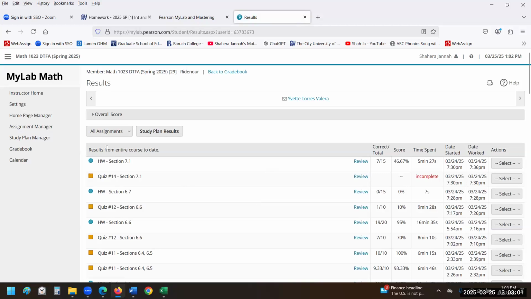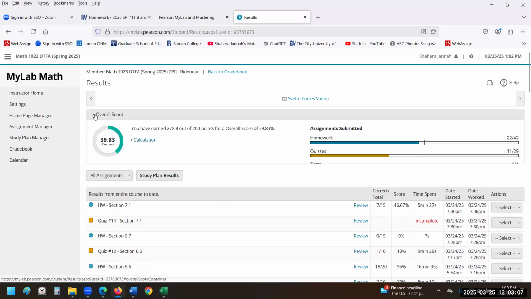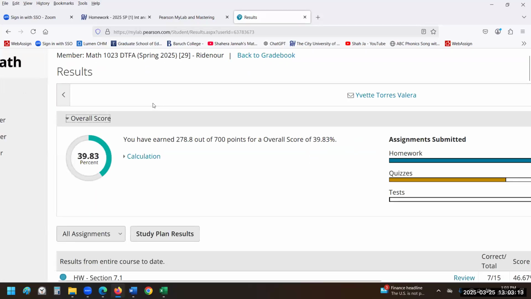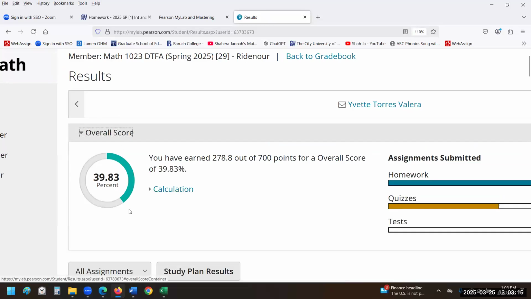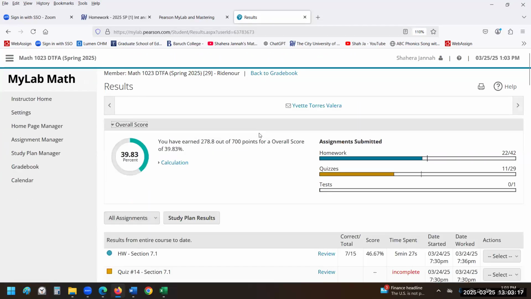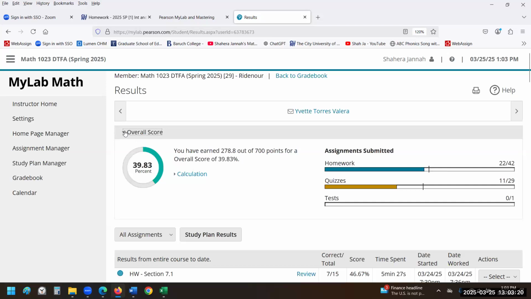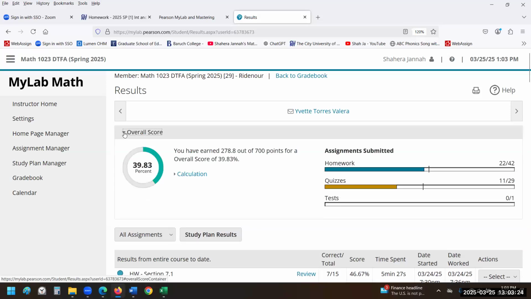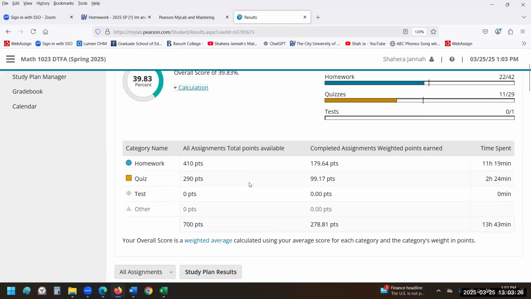So I don't know how you see them, but in my case, I just click on the overall score. Oh, see, you have the same thing. So click on the overall score. Let me make it bigger. So you click on see overall score, which is hidden. So you have to click it to show, and then go to the calculation.